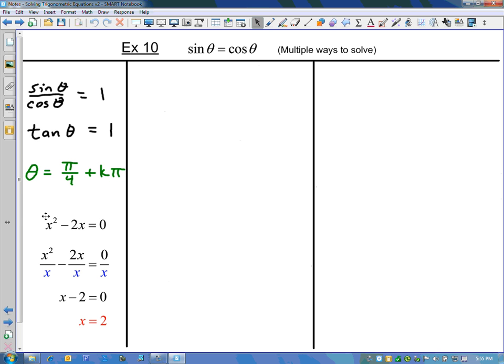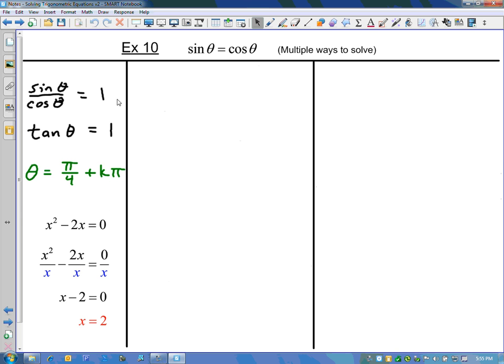The original equation has 2 solutions, 0 and 2. The proper way to work this would be to factor out the common x, and it would be x times x minus 2 equals 0, and your two solutions would be 0 and 2. So by dividing by x, we dropped one of our correct solutions, so we would have an incorrect solution set at the end. This is something you definitely want to be careful of.